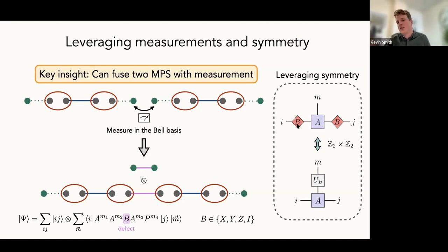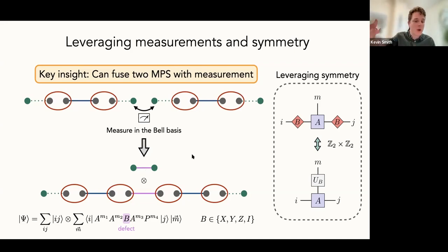And any symmetry protected topological phase is going to have some sort of symmetry like this. And so we're really taking advantage of the SPT order of the AKLT state here and its manifestation at the level of these local tensors. But practically what we do is now, we know what our measurement result was, and we can take this information.